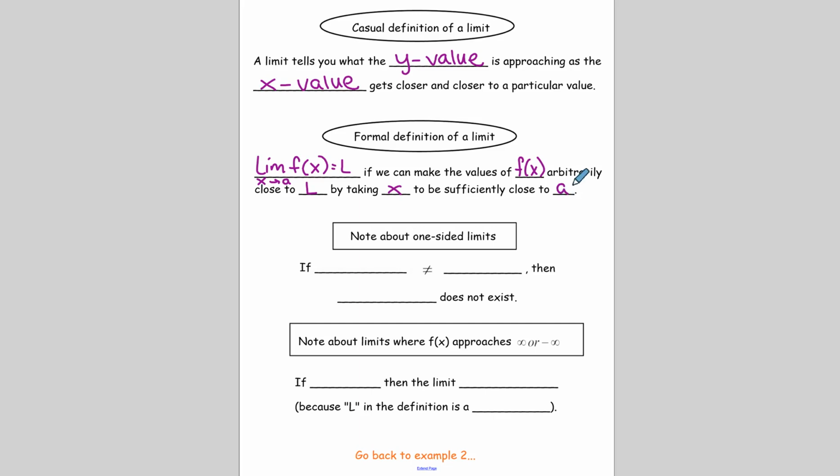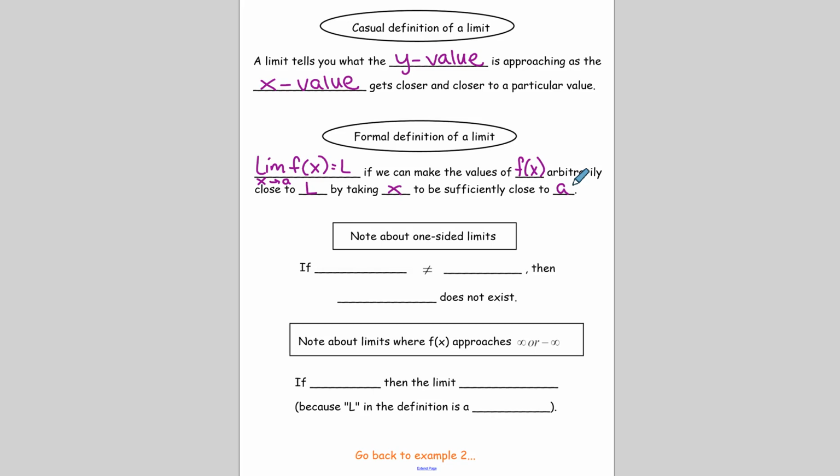If you think about that, do you see that that is saying the same thing? We're trying to make f of x, which is y, arbitrarily close to some value as long as x is sufficiently close to a. Okay, so as x gets close to something, f of x gets close to something.